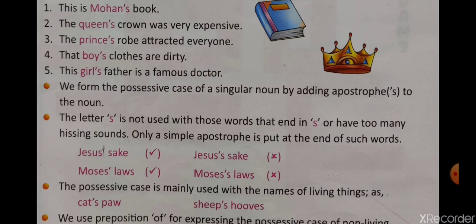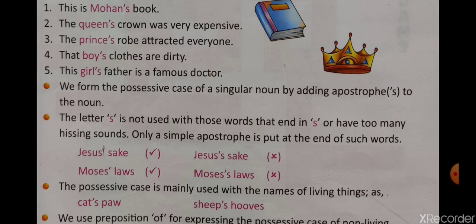And now what we have to make sure, if any singular noun is ending with s, we have to use only an apostrophe. No s will be needed. For example, Jesus, the end of the spelling is sus, so it already has an s, so we have to use only apostrophe.